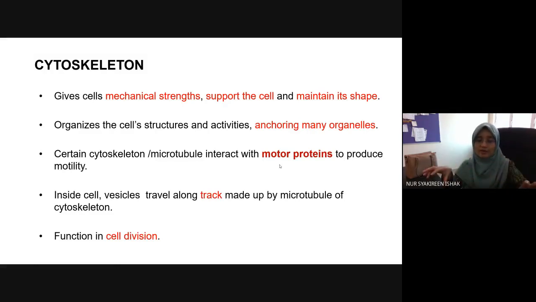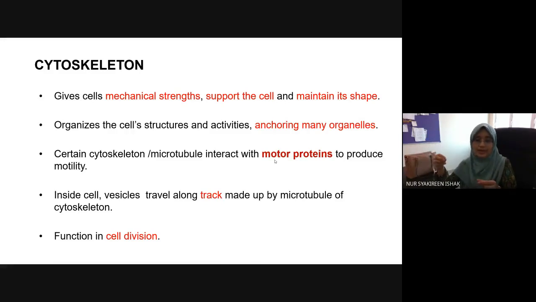So how to move the transport vesicle? The transport vesicle will move along the track, which is made up of microtubule, and in order to move along the track, the vesicle has to attach to a motor protein, and the motor protein is attached to the microtubules. Then only the vesicle can move along the track until it reaches the Golgi apparatus.